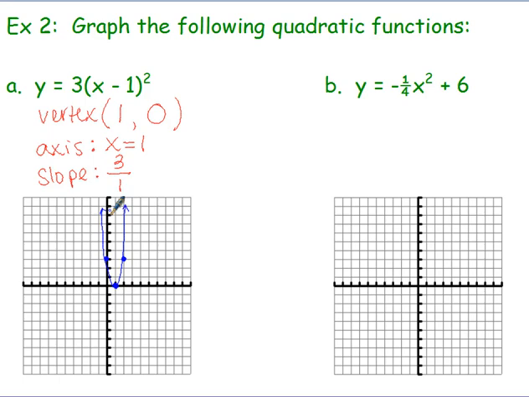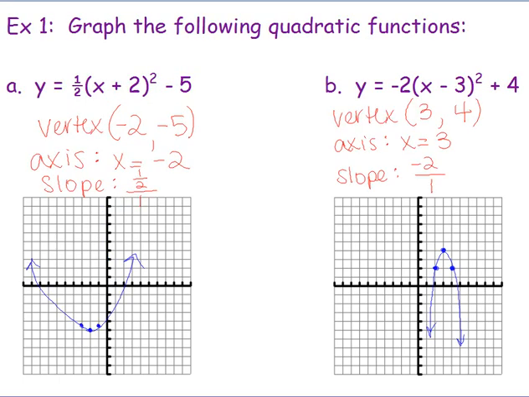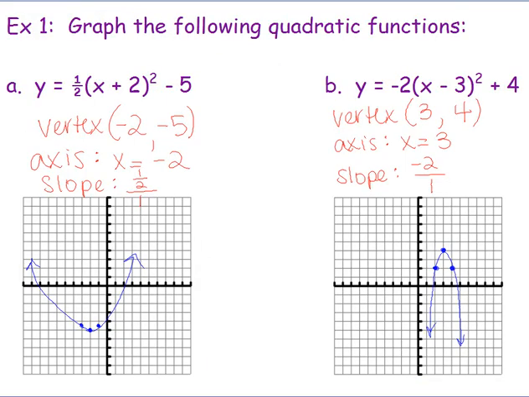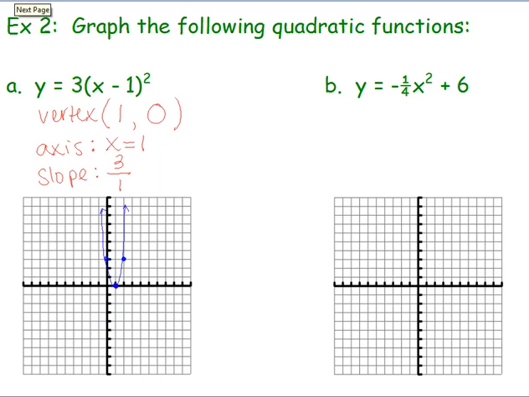Now B is kind of the oddball, because if you notice, the one thing it doesn't have is parentheses. If it doesn't have parentheses, then that means that it doesn't have an H. It can have a K, but it doesn't have an H if it doesn't have parentheses. So let's see how you did on this one.